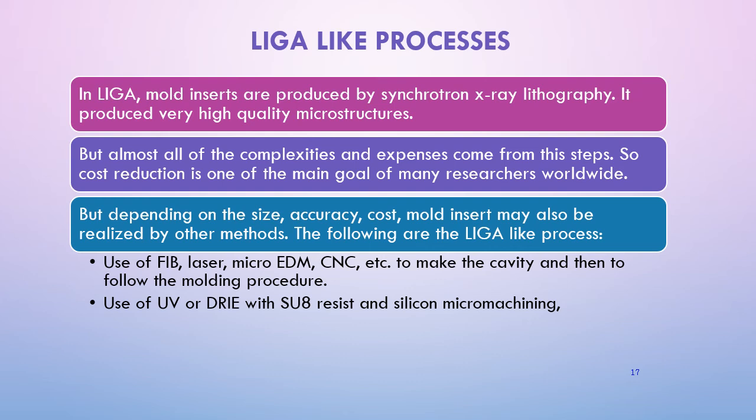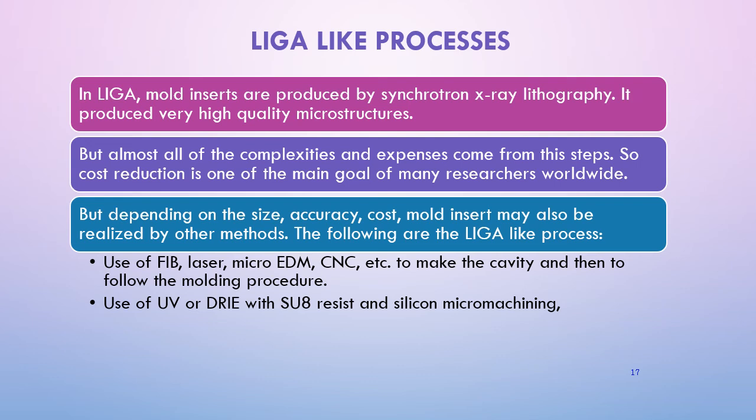So that's why, depending on the size, accuracy, cost, and mold insert, they can replace this LIGA process, the first one, which uses the synchrotron X-ray lithography, with other processes to create the mold. Okay, they can replace it with FIB.